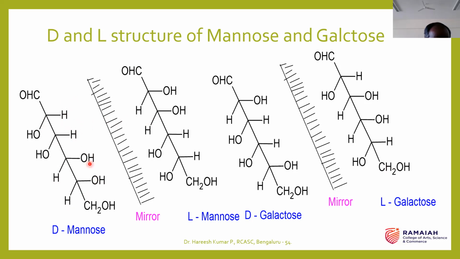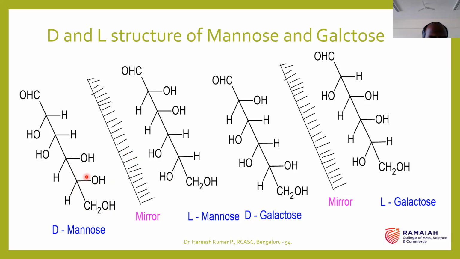So what you can do, I think you know that this is glucose, but here at the second position, this is the second carbon atom, the hydroxy group is on the left hand side. So then it's called mannose. And the mirror image of this one is this: H, H, OH, OH, OH, OH. It's a mirror image. So what you can observe here, this will be the bottom carbon atom.